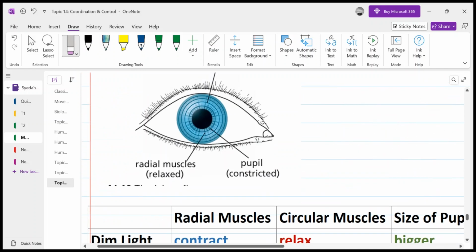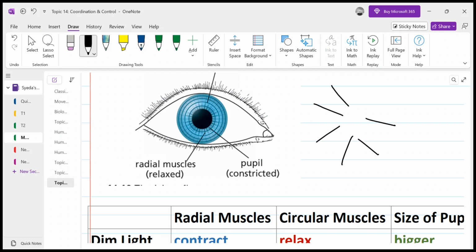So see, for example, whenever radial muscles are relaxing, they would be like this way. This is just a graphical representation, right? And whenever they are contracting, it would be like that. The contraction of radial muscle is basically making the size of the pupil get stretched, get bigger, right? But whenever they are relaxing, just think of a rubber band.